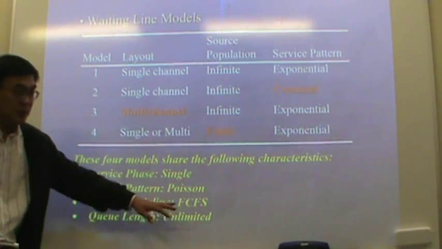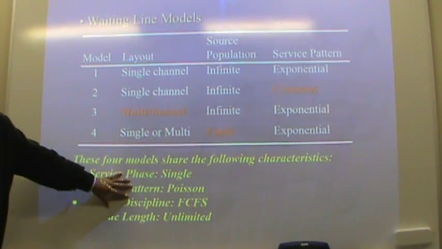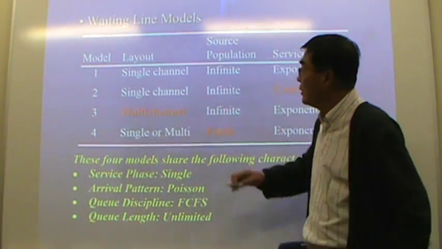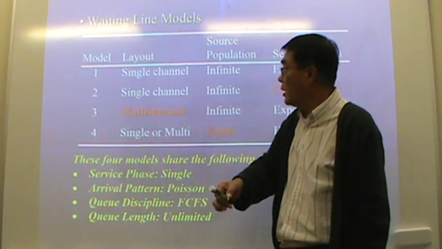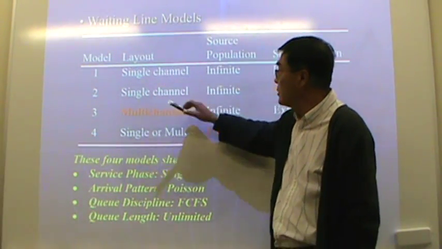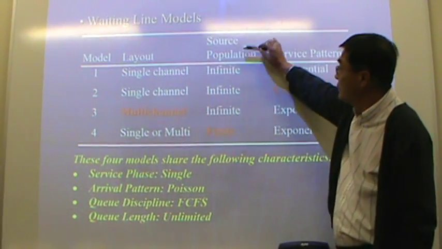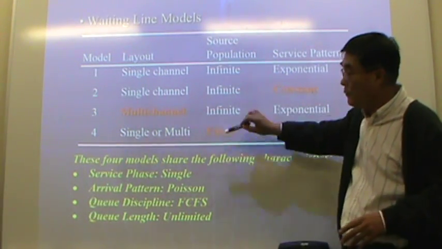Queue length is unlimited, the same, but depends on layout. That means one waiting line or multiple waiting lines, and depends on the source of population, infinite or finite.